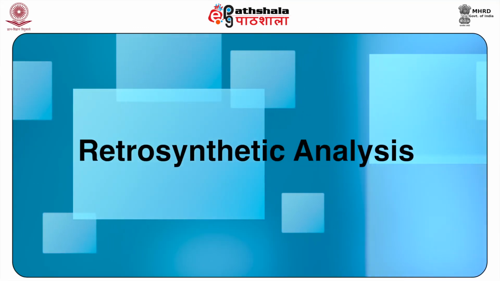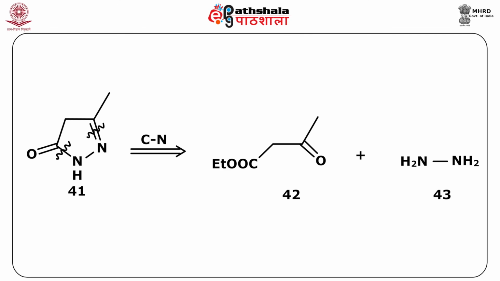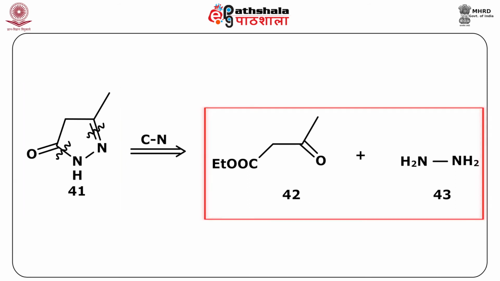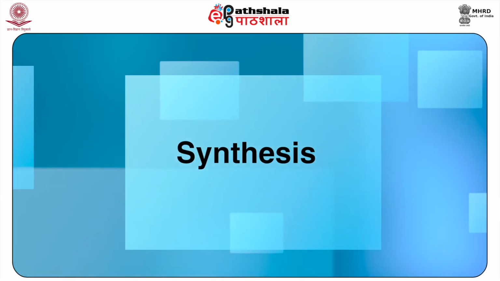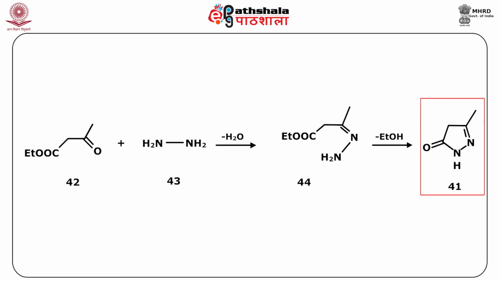Retrosynthetic analysis. The retro scheme in figure 13 shows that the pyrazolone, 5-methyl-2,4-dihydropyrazol-3-one, represented by the structure 41, can be obtained from a beta-ketoester 42 and hydrazine. The synthesis of 5-methyl-2,4-dihydropyrazol-3-one 41 is given in the figure and explained in 2 steps.